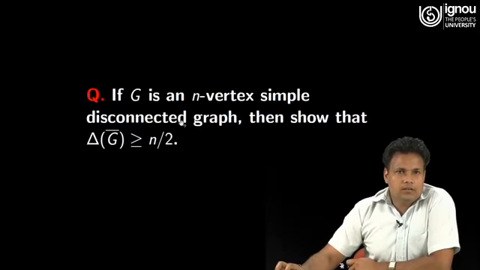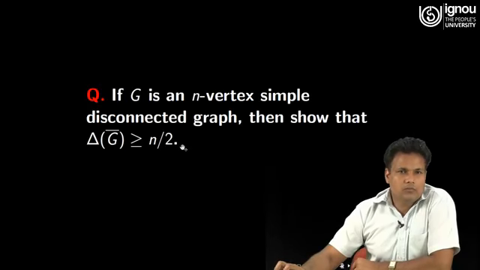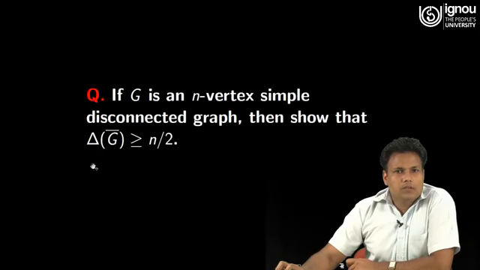Now, let us consider one question. If G is an n vertex simple disconnected graph, then show that the maximum degree of G bar is at least n by 2. You shall use the method of contradiction here again. So, you just assume that this is not true, that is, the maximum degree of G bar is at most n by 2 minus 1.